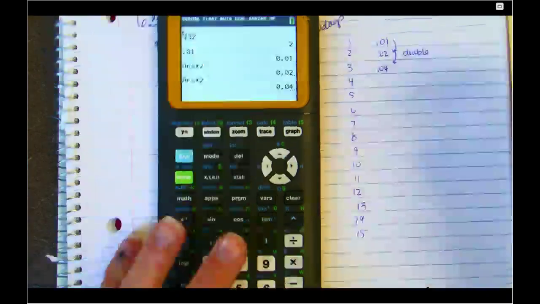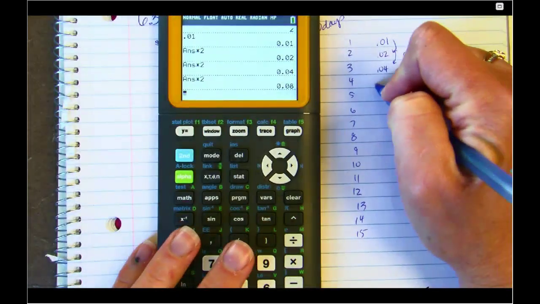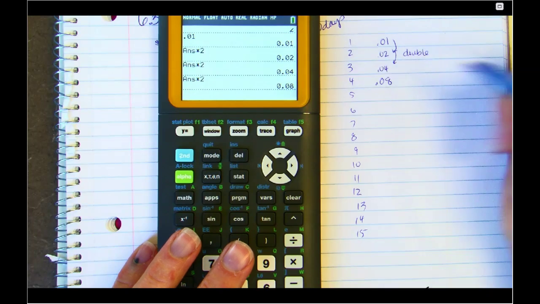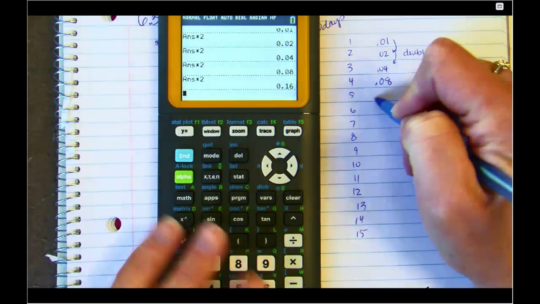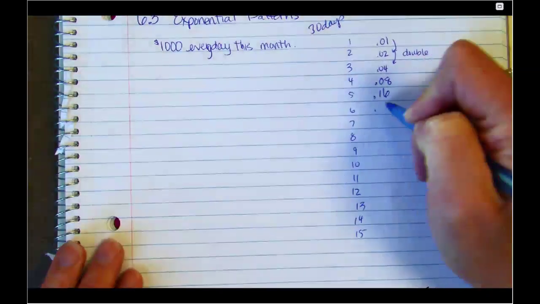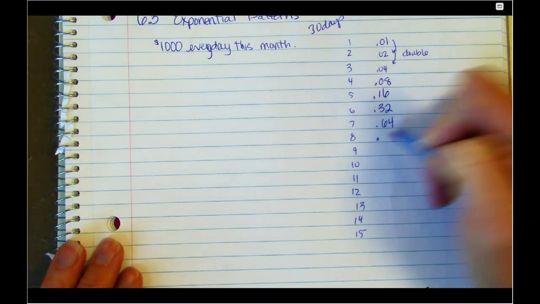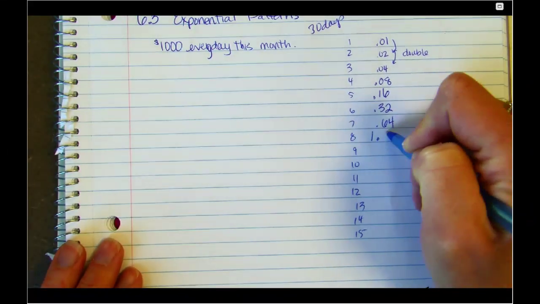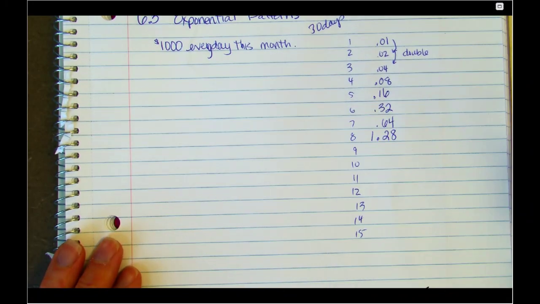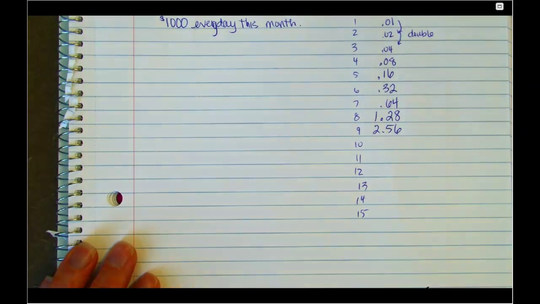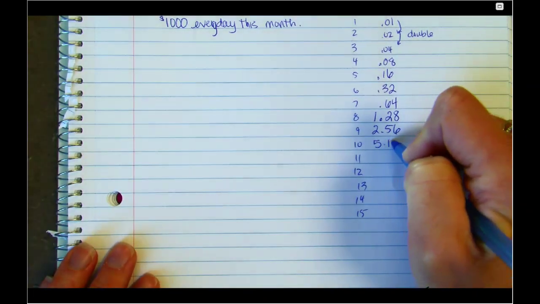You hit enter again, and you're going to get how many pennies on day 4? 8. How many on 5? How many on 6? 32. How many on 7? 8... $1.28. What's next? $2.56. Next. Okay, next.